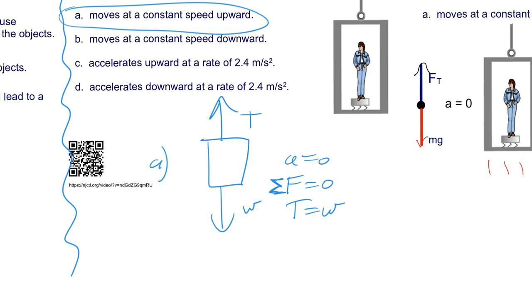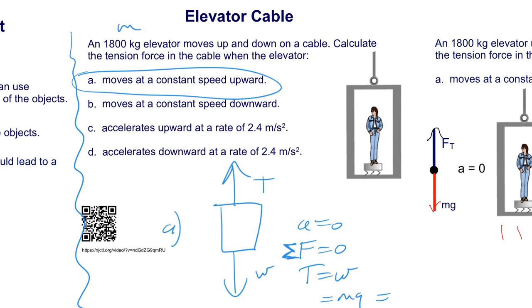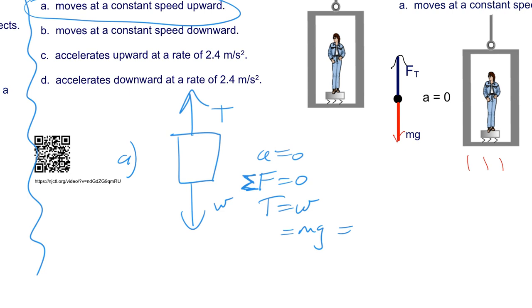So tension would equal the weight, which is equal to mg, which is equal to 1800 times 10, which is equal to 18,000 newtons. Okay, that's part A. How about part B?